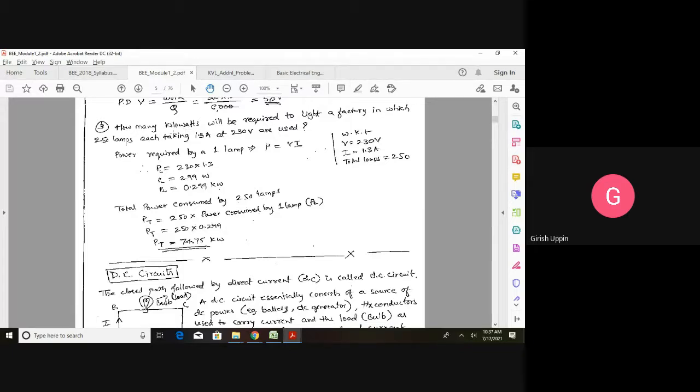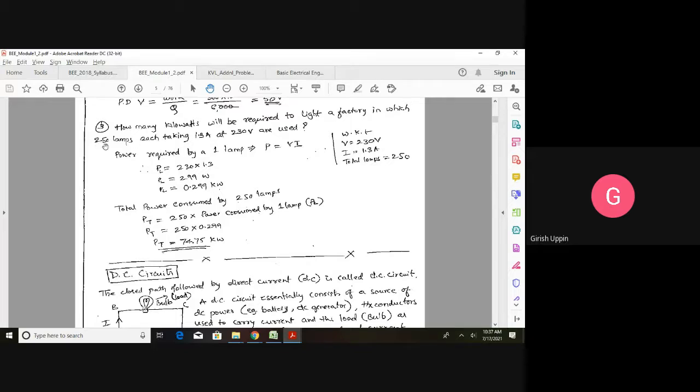Kilowatt is the unit of power. They have given the specification, each lamp takes 1.3 ampere at 230 volt. So what is the power consumed in one lamp? P is equal to VI, that is 230 into 1.3, we get 299 watt or 0.299 kilowatt. This is the power taken by one lamp.